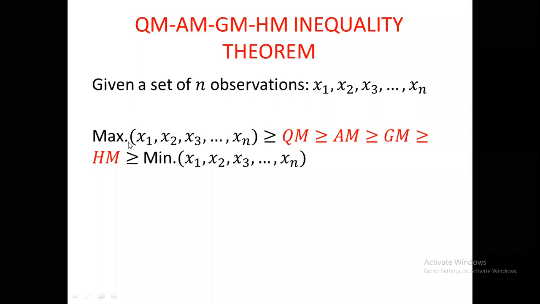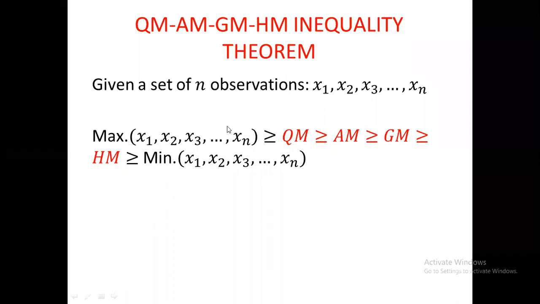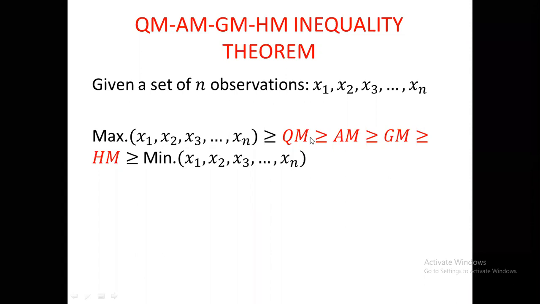Now, this is maximum, this is minimum. I had mentioned this in the last class, and I said for given observations x1, x2, x3, whatever is the maximum among this set of values is always greater than any mean you compute. The maximum observation among the n observations, the one that has the greatest value, is always greater than or equal to any of the means you compute.